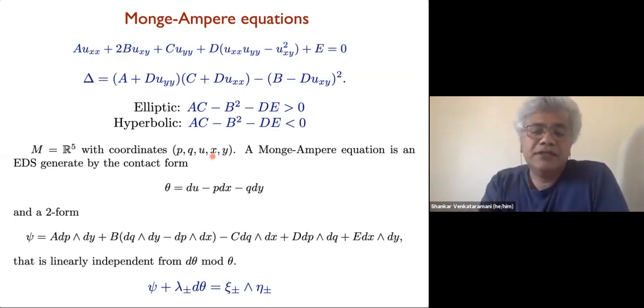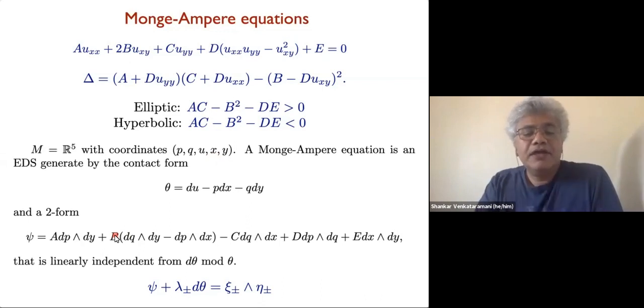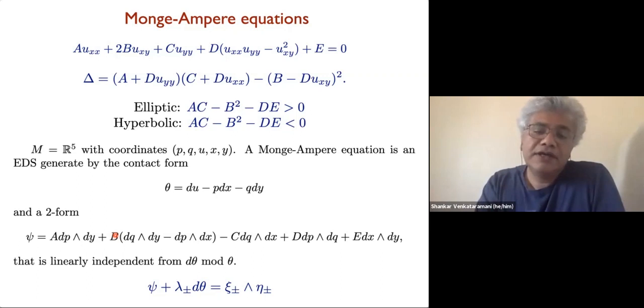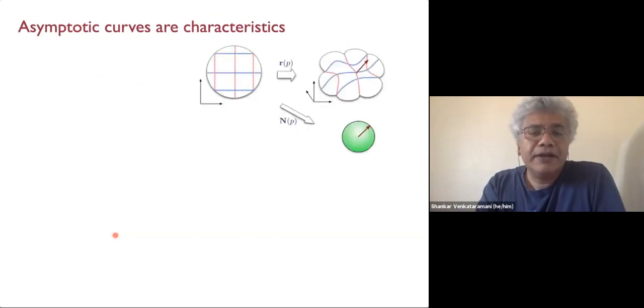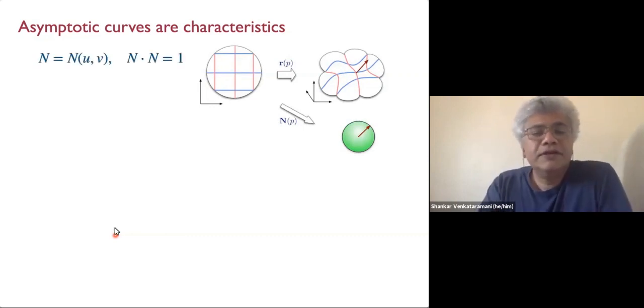So that's the nice geometry of hyperbolic Monge-Ampere equations. In the characteristic variables, you can write this equation as first order equations for all these quantities in terms of these characteristic variables. So let's see how that applies to our case of interest, namely surfaces with constant negative curvature.